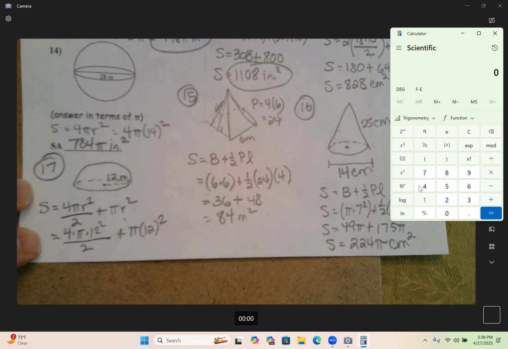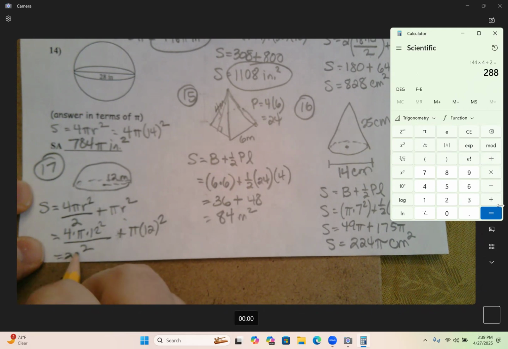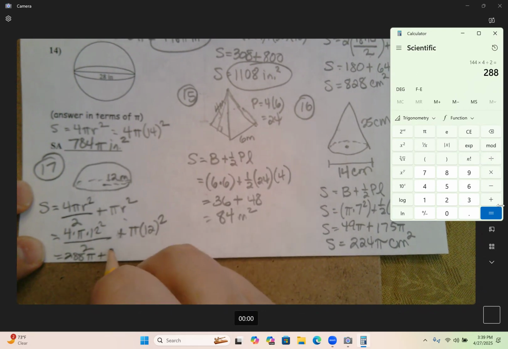So 12 squared is 144 times 4 divided by 2. So the dome part is 288 pi. And then the circular base is 12 squared, 144 pi.